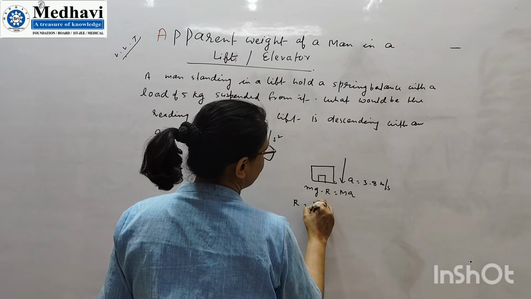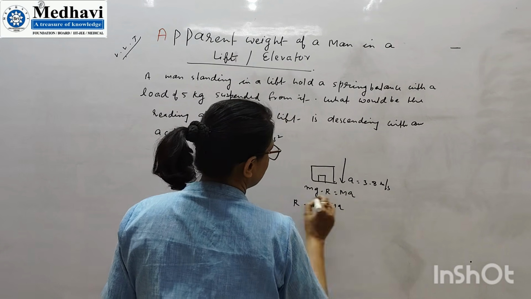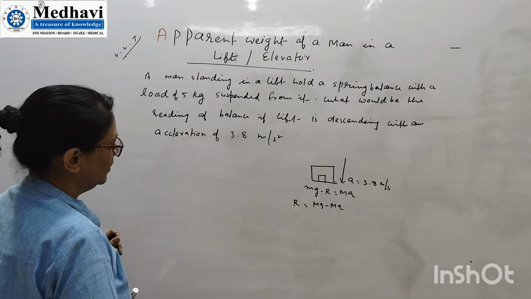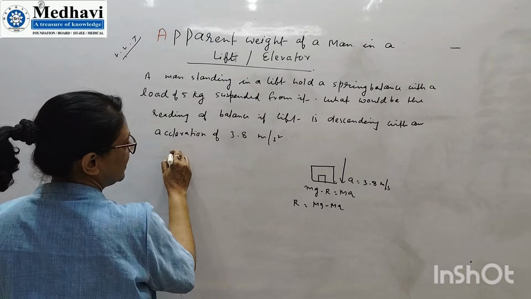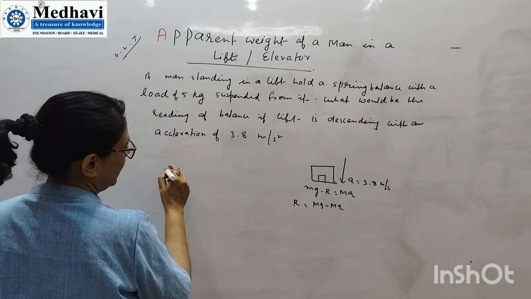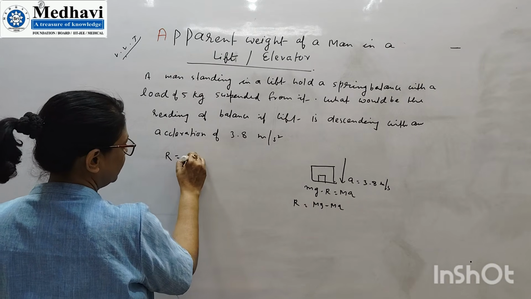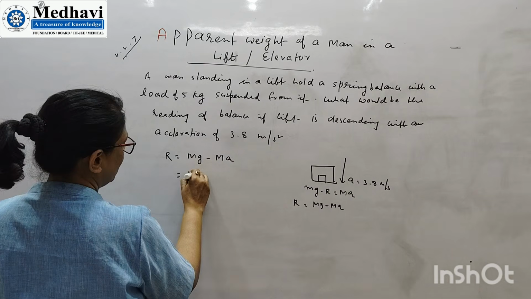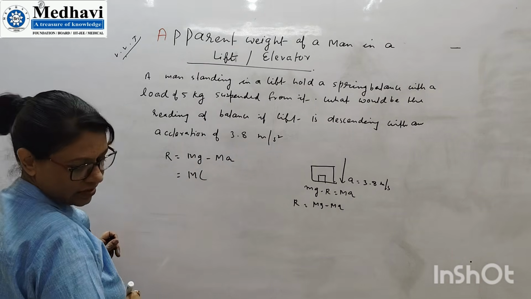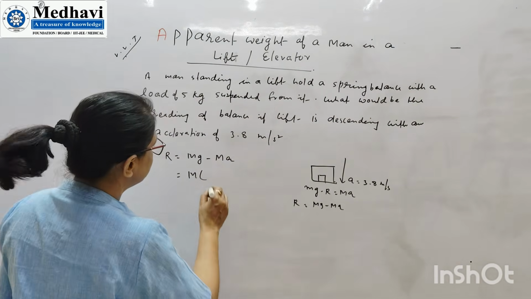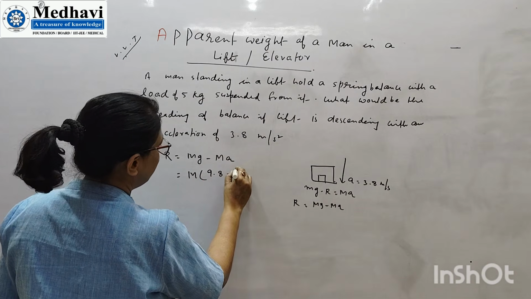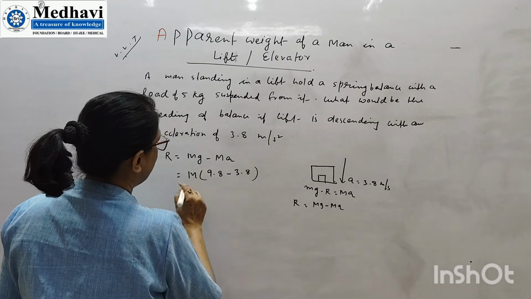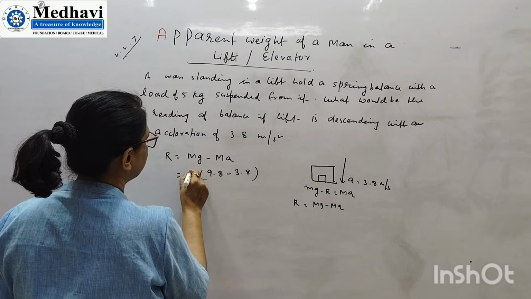So R is equal to mg minus ma. This concept will apply here. The mass given is 5. So R is equal to mg minus ma; m is common, g value is 9.8 and a is 3.8 and mass is 5.